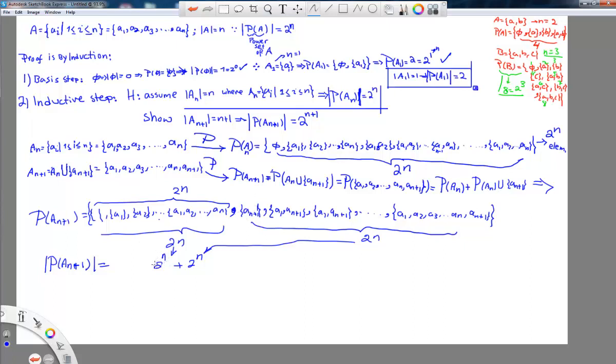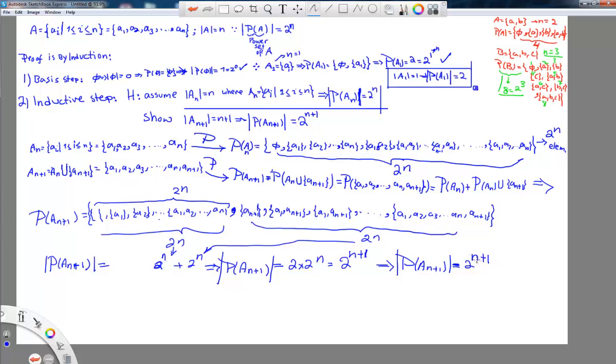So which effectively then, from here I know then that the power set of A n+1 will have the size of 2 times 2 to the n, which will be 2 to the n+1. Therefore, the size of the power set of A sub n+1 is going to be 2 to the n+1, right?